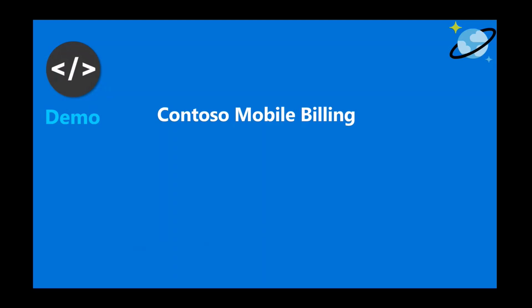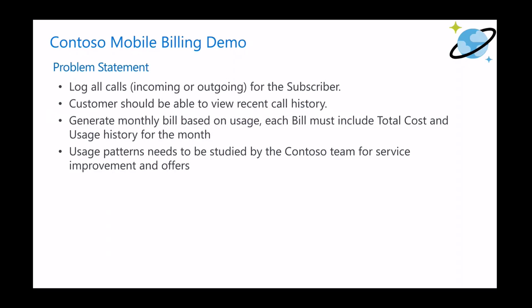Let's move to a demo and see how all these concepts are applied. The problem statement that we are going to address here is that we are going to create an application that is going to do the billing for a mobile network called Contoso Mobile.